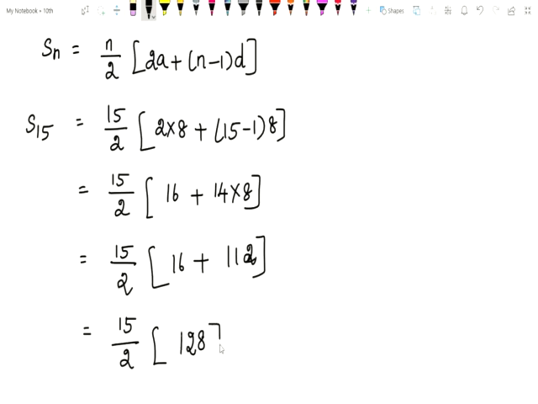So 128. Now divide this, 2 1s are 2, 2 6 are 12, 2 4s are 8.